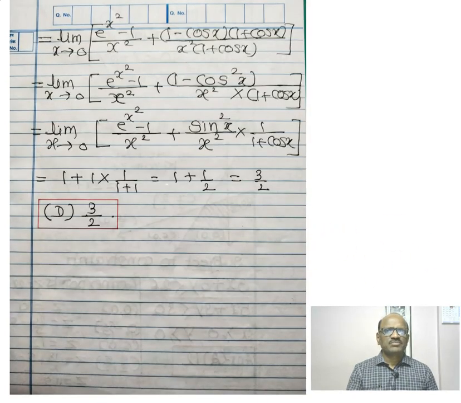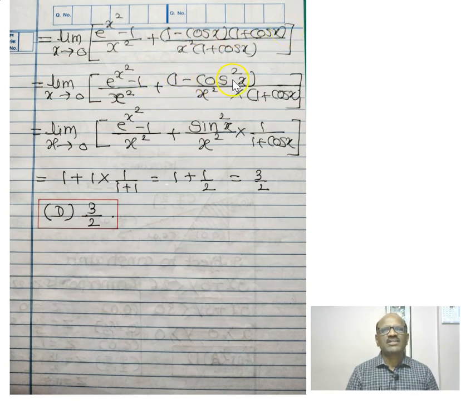Now see this. I had solved here the limit as x tends to 0 of (e^(x²) − 1)/x² + (1 − cos x) in the first bracket, and in the second bracket (1 + cos x)/x² times (1 + cos x). Then you are getting (e^(x²) − 1)/x², that is (1 − cos x)(1 + cos x).